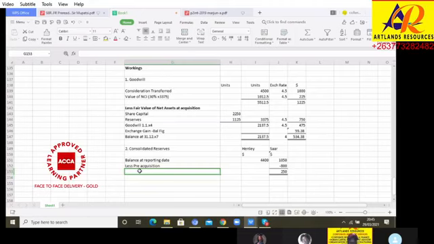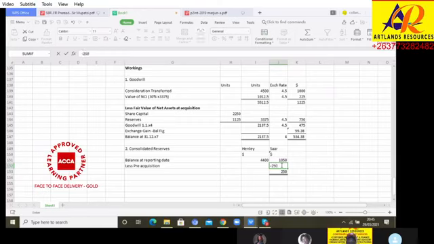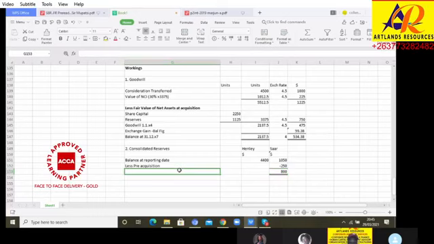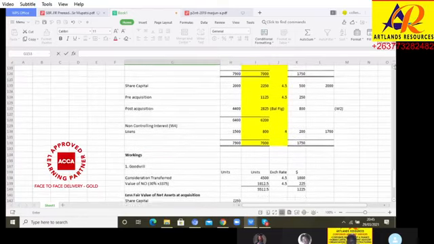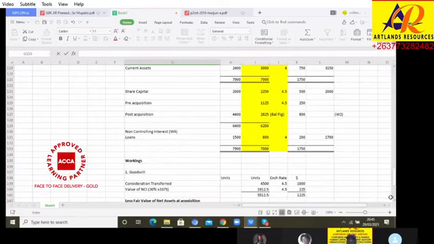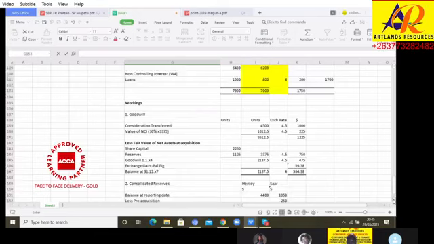Pre-acquisition it's actually 250. It's not 800. Pre-acquisition is the 250, and then post-acquisition. Is that so? Pre-acquisition 250 from the translated? Yes, it's 250.